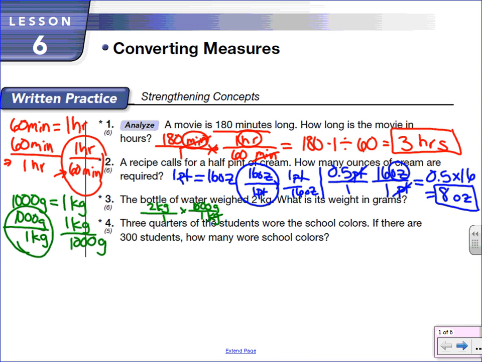Since kilograms are diagonal, they'll cancel out. When I multiply by a fraction, I multiply by the numerator. So 2 times 1,000. And then I only have ones on the bottom, so I'm dividing by 1, which keeps it the same. So that's 2,000. And then I have grams as my units left, since I did not cross them out.